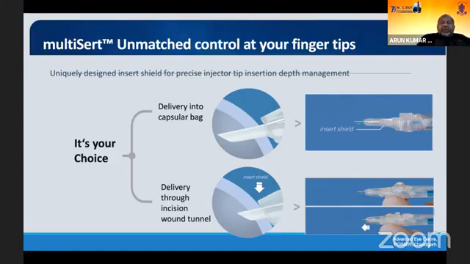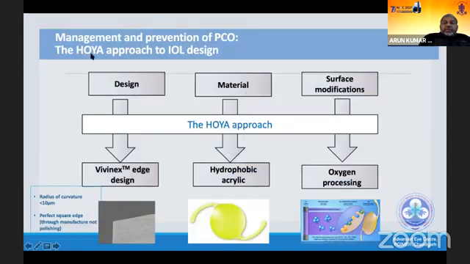Now coming to how this platform helps us in preventing PCO. It has a unique design with the best square edge compared to other lenses, almost a perfect square edge, which prevents the migration of epithelial cells.